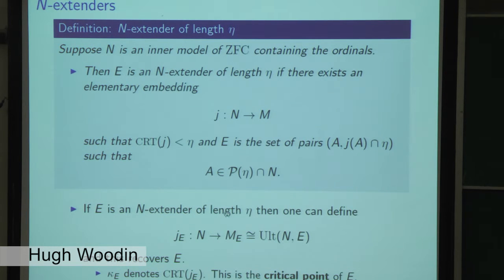If E is an N-extender of length eta, then you can define the ultrapower of N by E, and that recovers E. So there's no loss of information. There's no strength assumption here at all. So kappa_E is the critical point of E, and that's the notation.